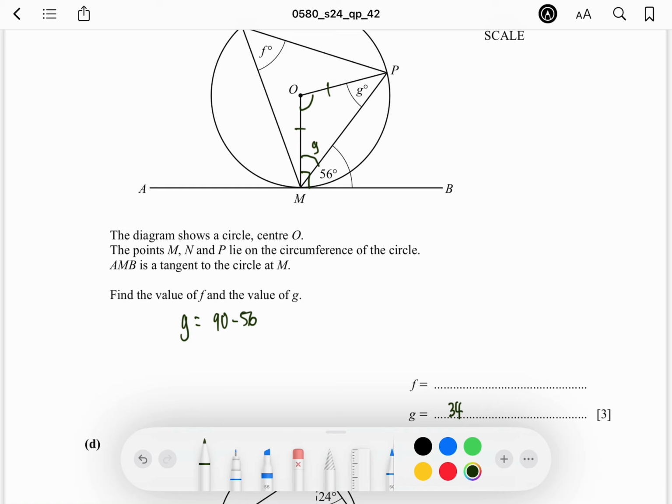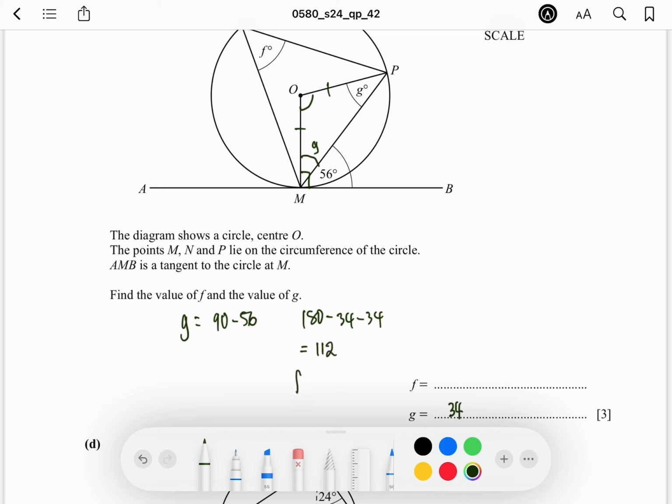Okay. Jadinya untuk cari itu apa? 180 minus 34 minus 34 equals to 112.